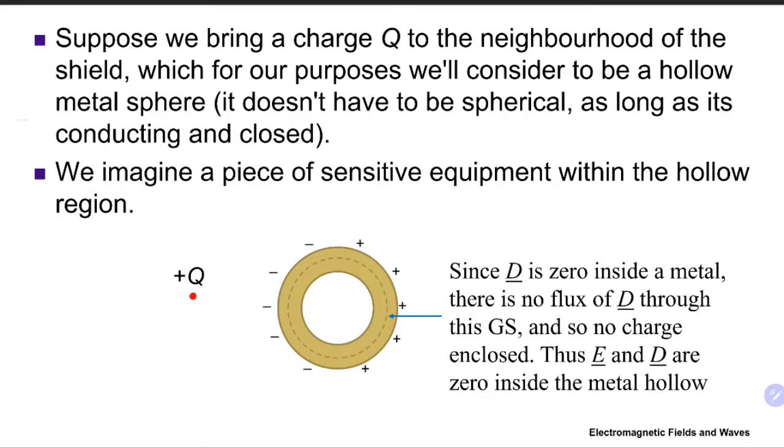Okay, so that is what Faraday cage is about. If you have conducting screens fully enclosed, anything inside it will be protected against electromagnetic interference or electromagnetic pulse as well. Okay, so that is what Faraday cage is.